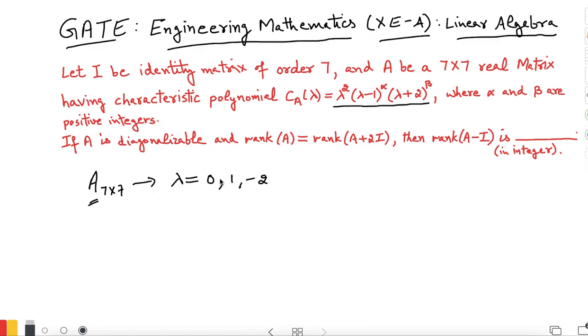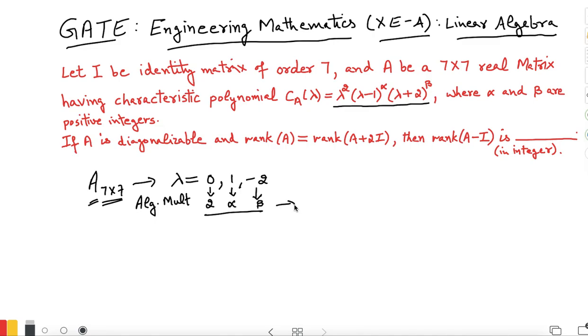Okay, so each eigenvalue has some algebraic multiplicity. If I write the algebraic multiplicity of each of these eigenvalues, then clearly 0 has the algebraic multiplicity of 2. 1 has the algebraic multiplicity of alpha, that it is repeating alpha times, where alpha is unknown, and minus 2 is repeating beta times. But what we know from here is that the total number of eigenvalues is going to be 7.